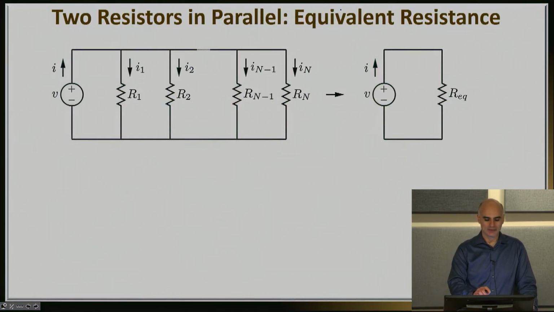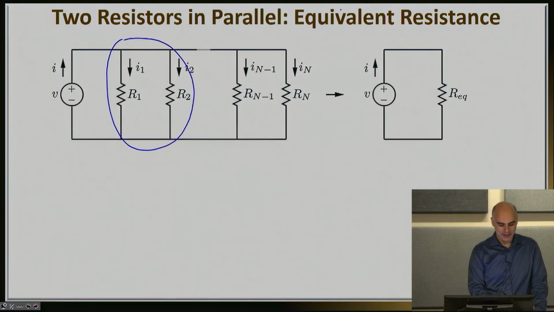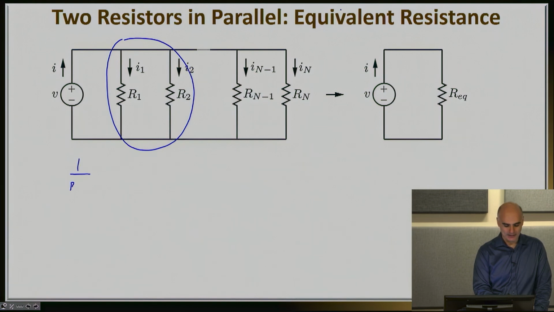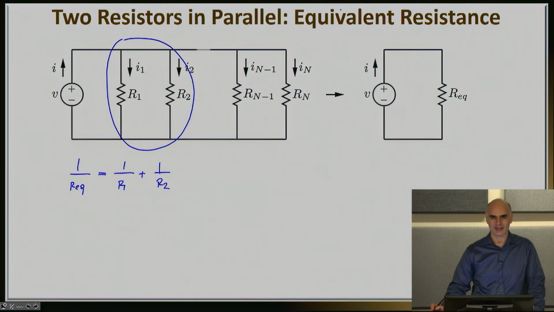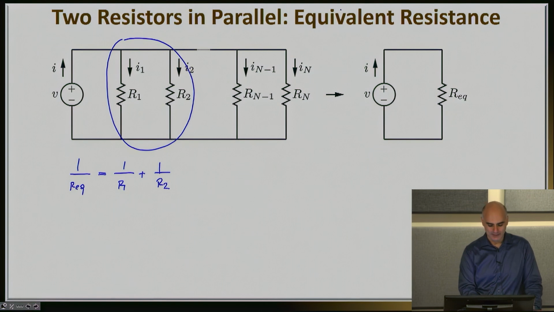Imagine that you just have two of the resistances, so imagine that we only have R1 and R2. We have found out that the equivalent resistance, R equivalent, is related to the resistances R1 and R2 through this equation right here. I can take this equation and find R equivalent by doing a little bit of algebra, and you will find that R equivalent is equal to R1 times R2 over R1 plus R2.